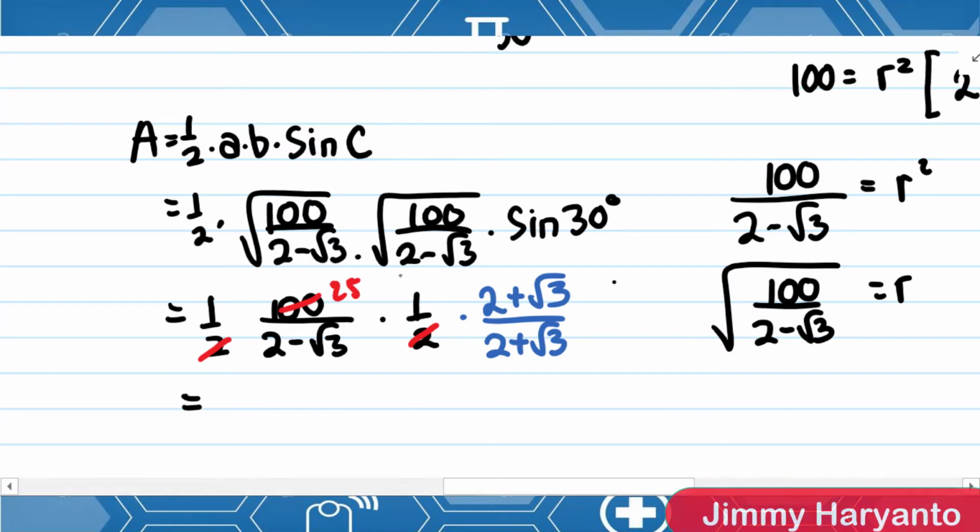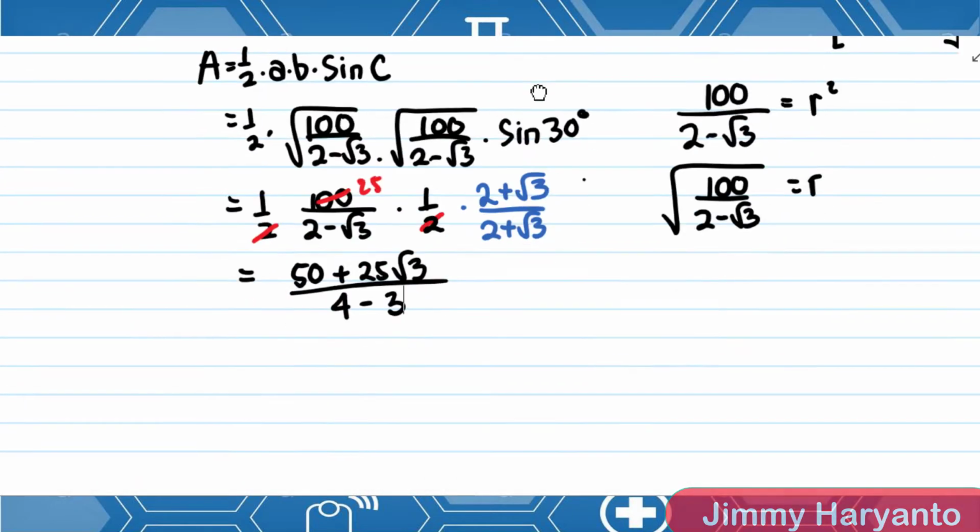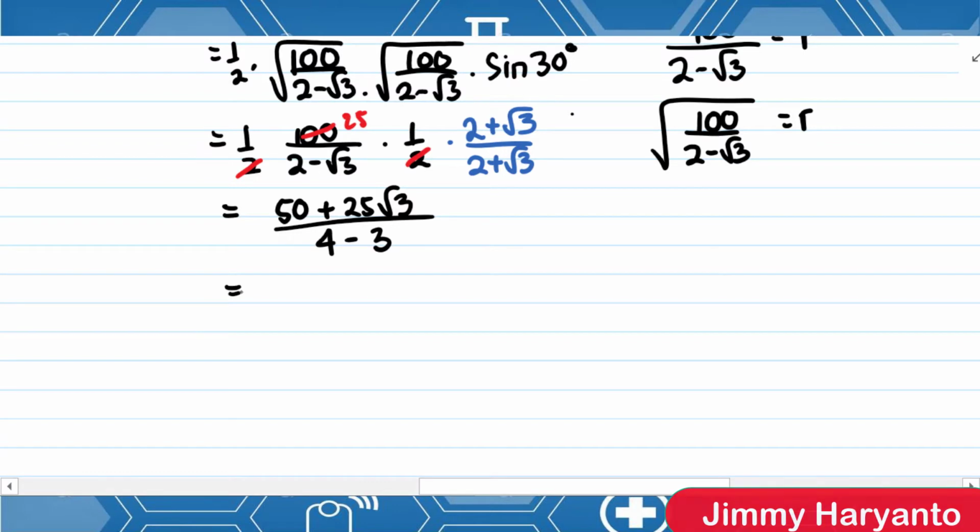After that, multiply 1 by 1. 2 times 25 equals 50, plus 25 times square root of 3 is 25 square root of 3, over 2 times 2 is 4, minus square root of 3 times square root of 3 is 3. Just like that. And then the bottom one is 1, so it will be 50 plus 25 square root of 3 centimeter squared.